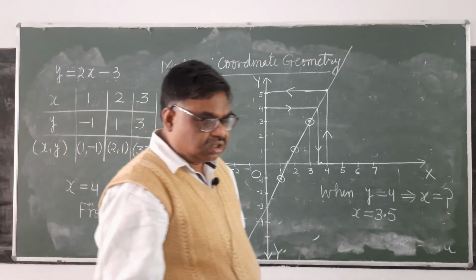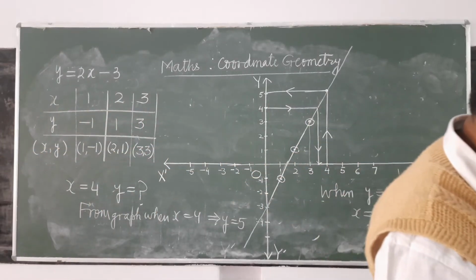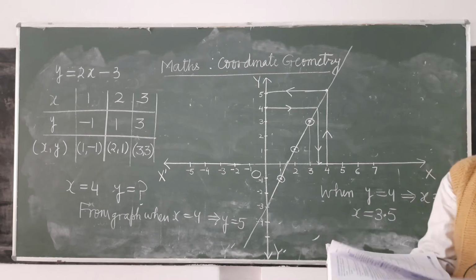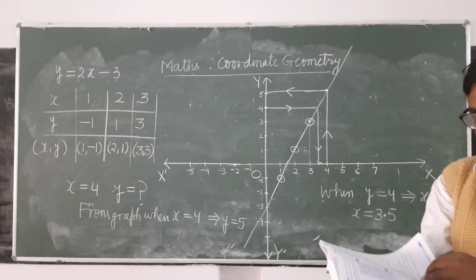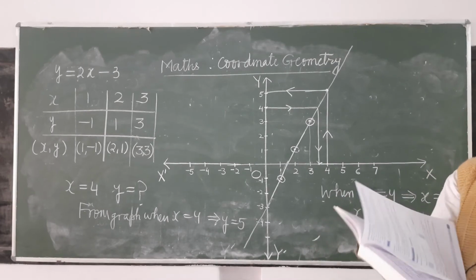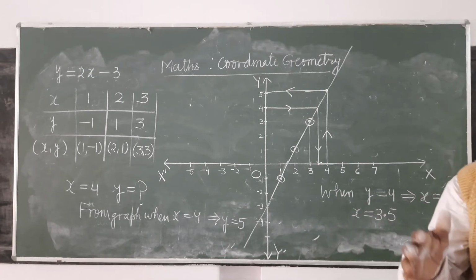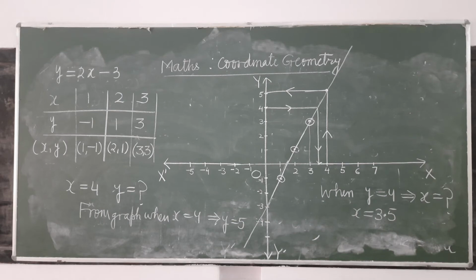Now you see some more questions in your book. It will be better if you use one graph sheet for one question, or on the same graph paper you draw separately: in one half you do one question, in the other half the other question.